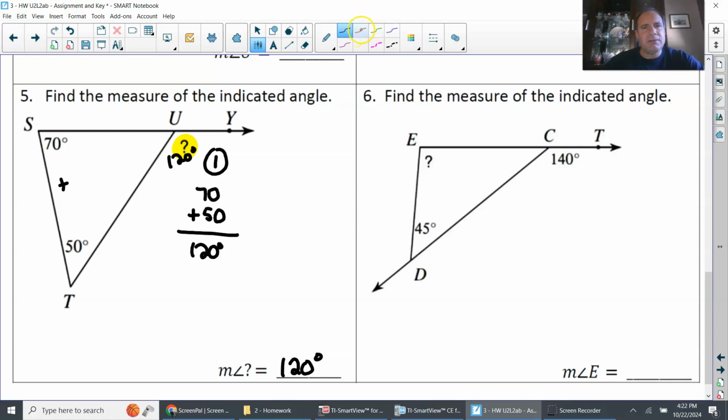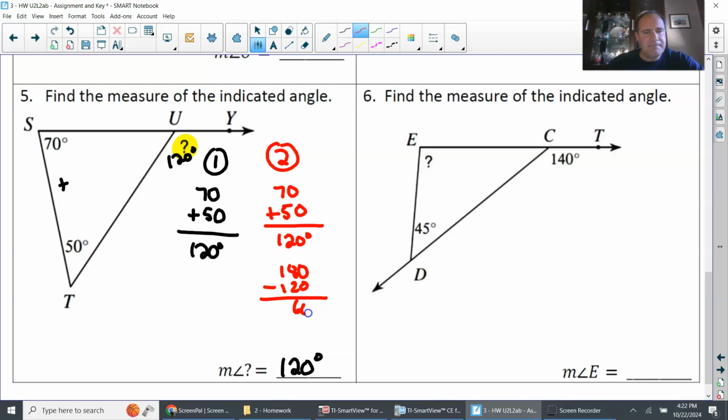The second way that you could do this is to just go by straight lines and the interior angles of a triangle. So I would start off doing the same thing. 70 plus 50 is 120. Then you take 180 minus 120 from it.